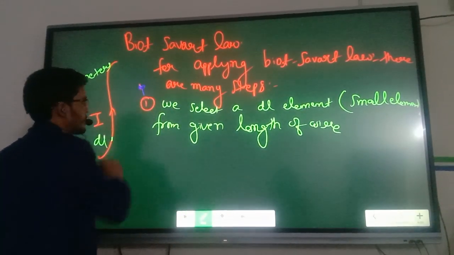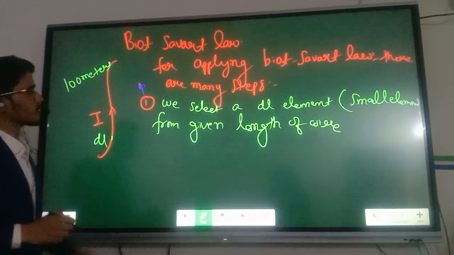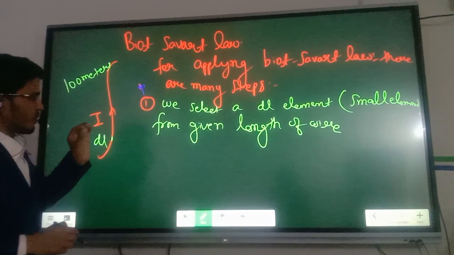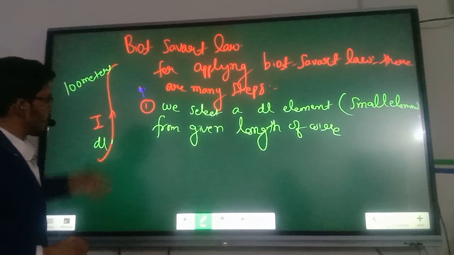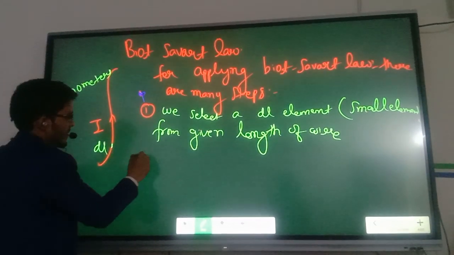Suppose this is point P. This is the wire, suppose length of wire is 100 meters, and current I is passing through this wire. So first step, we select a dl element from the given length of wire, and suppose this point is P.